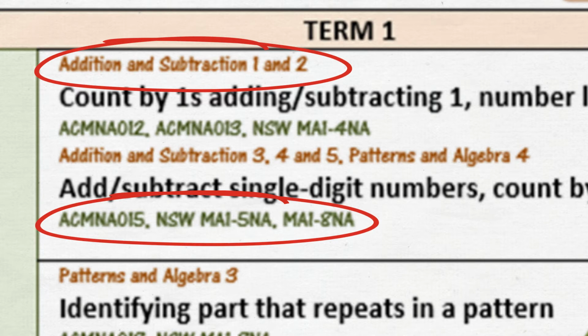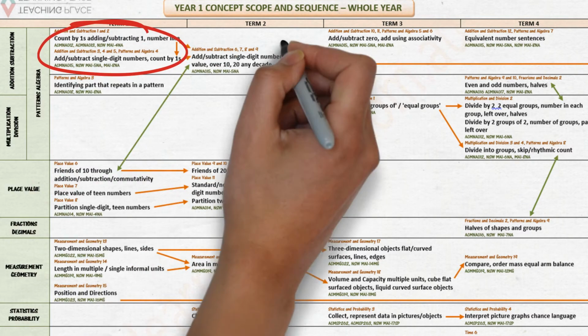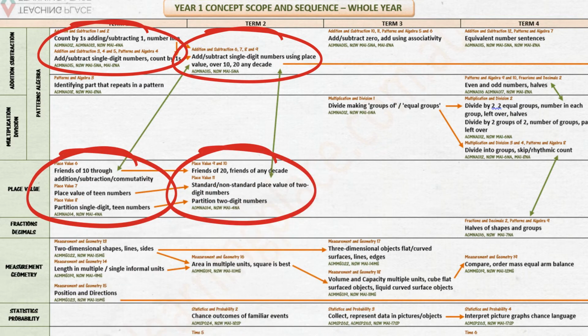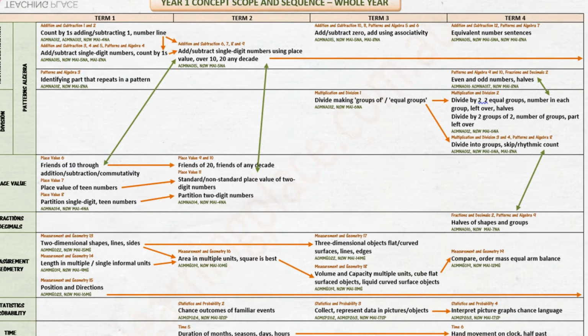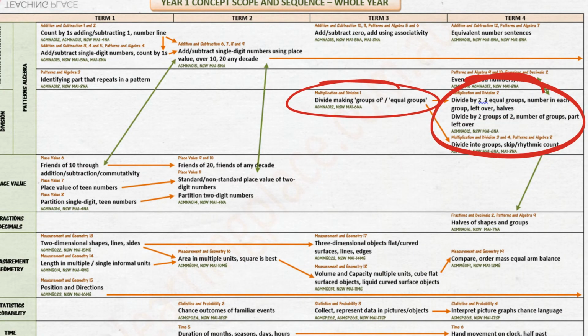As you can see, the focus of number and algebra in Year 1 is addition and subtraction of single-digit numbers using place value. By the end of Year 1, children can add and subtract single-digit numbers to and from two-digit numbers using place value to bridge to any decade. The focus of multiplication and division in Year 1 is dividing in two ways, into groups of and into equal groups.